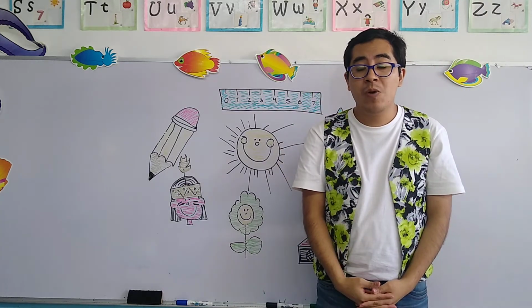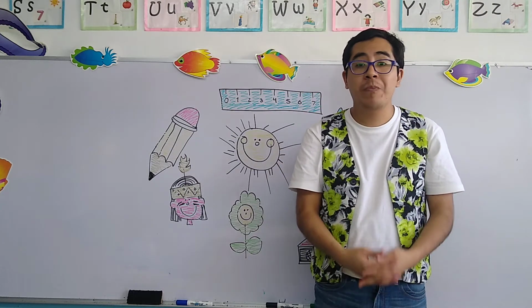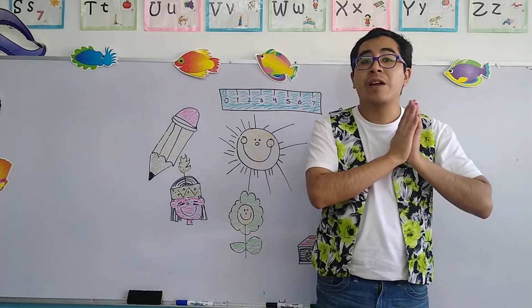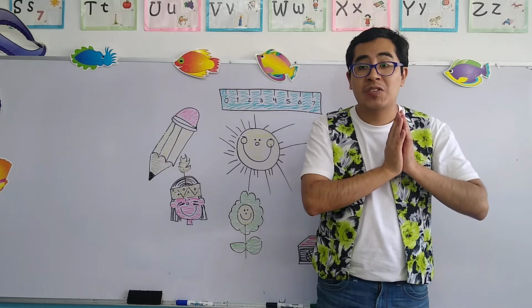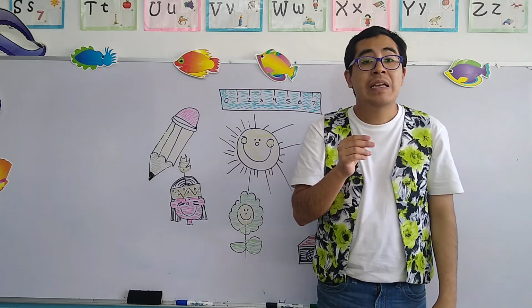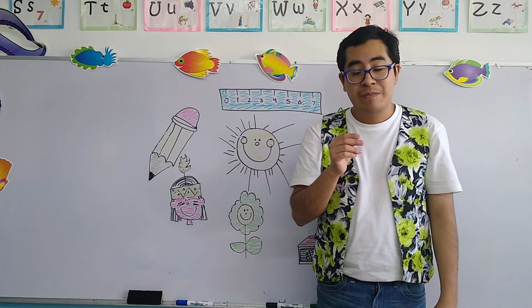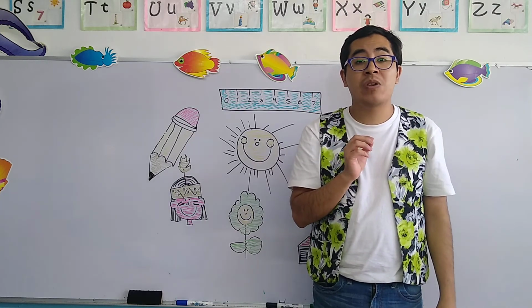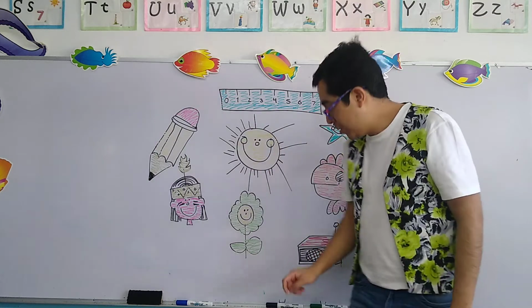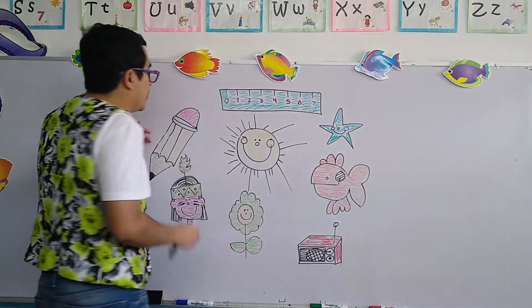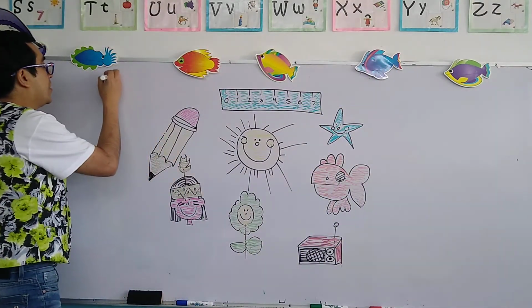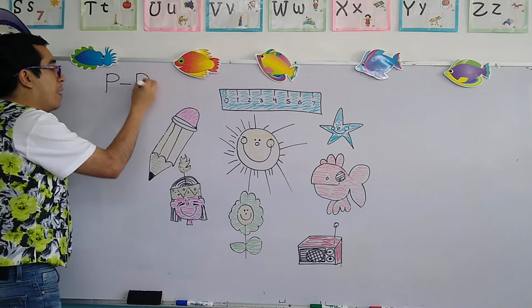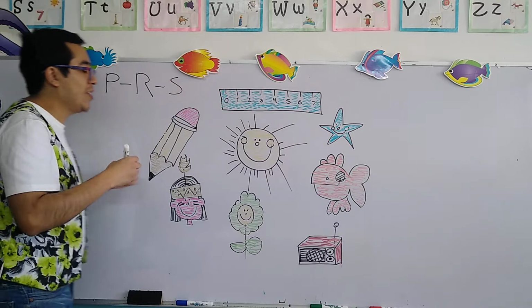Yo los voy a circular para que veamos cuáles son los objetos que suenan con la letter P, the letter R, and the letter S. For this, it's very important that you pay attention because I am going to make sounds. Voy a hacer sonidos with these objects. So the objects that we need to circle are the ones that are P, R, and the S sound.